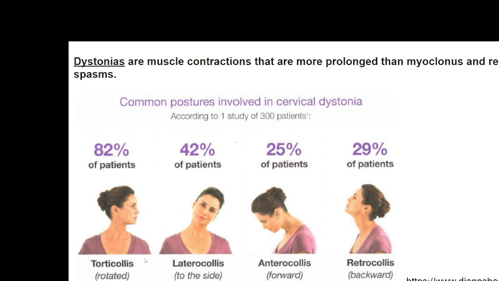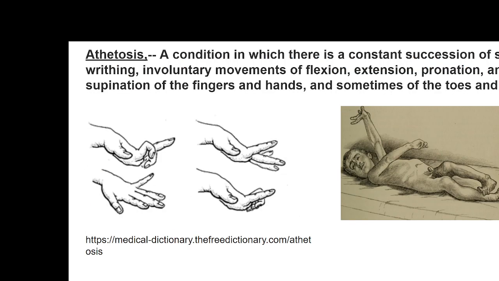There are many terms used: when the head is tilted to a side, it's called laterocollis, when it is tilted forwards, it's anterocollis, and when it is tilted backwards, it's called retrocollis. Now these words do not make much difference, but as far as clinical observation is concerned, you have to observe the position of the body, any part of the body, including the neck or maybe the arms also. That has to be observed, and you have to know whether there is a dystonia or not.